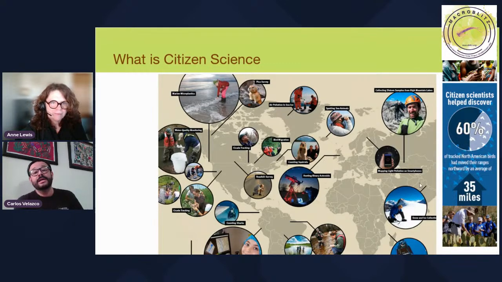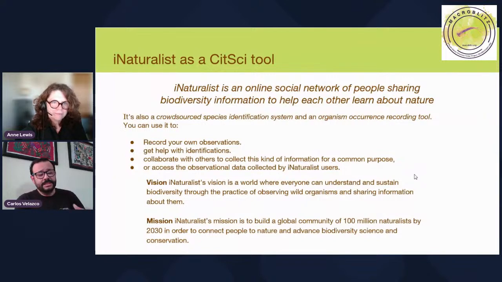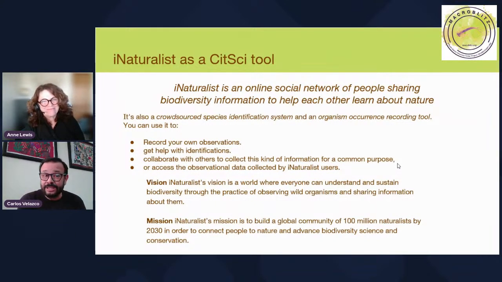And believe me, this will empower all of us to make decisions and to take future steps to preserve nature. Okay, now this is where the fun part begins for me, because we're now going to talk a little bit more about one of the most powerful tools to get engaged in citizen science. This is iNaturalist. iNaturalist is a world platform. First of all, it's free to use. That's a huge advantage.